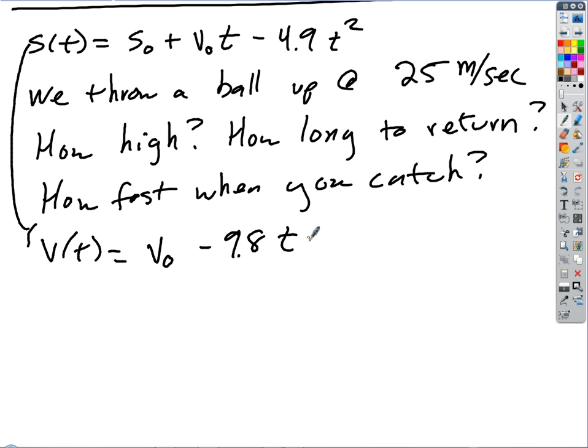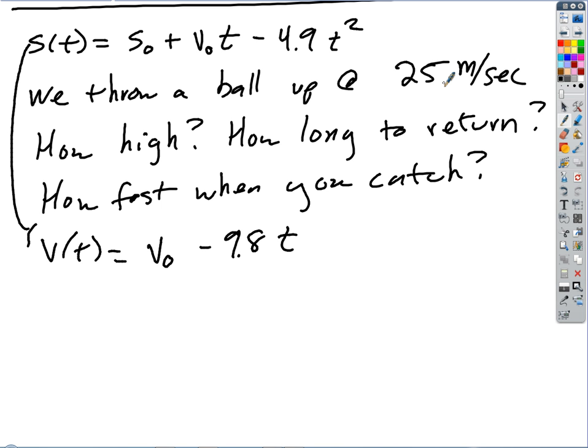What if I were to look at that position function? We could plug in the numbers. Say the initial position is 0, and the initial velocity is positive 25. If I were to graph that quadratic function for position, what would it look like?